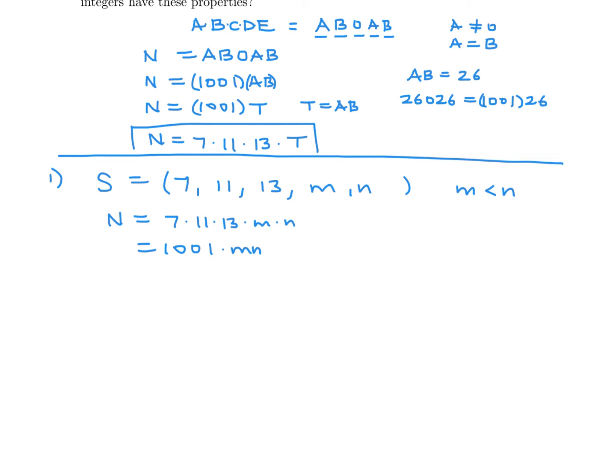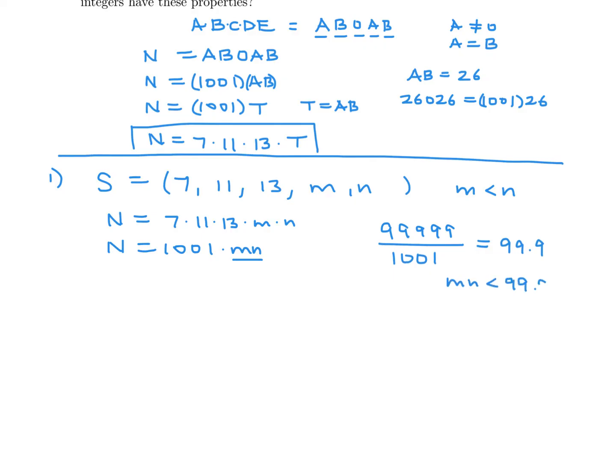Now, it has to be a 5-digit number. So the largest 5-digit number is 99999, and we have to incorporate that 1001. So when I divide by 1001, what's left over is about 99.9. So that basically means that this MN has to be less than 99.9.